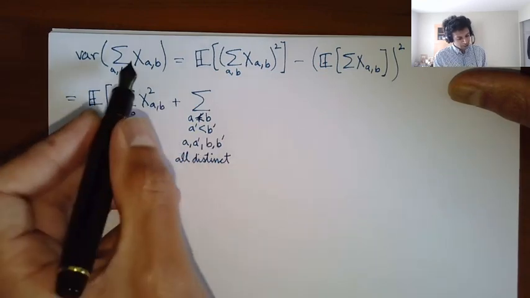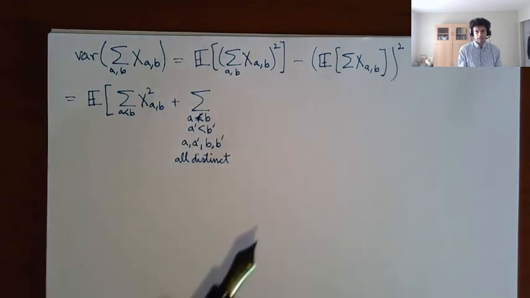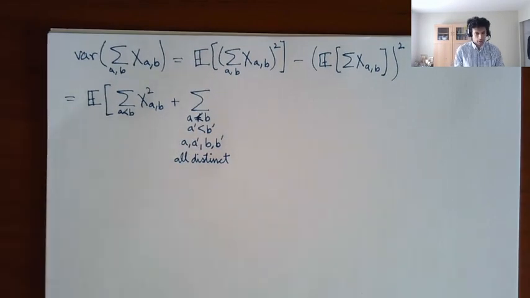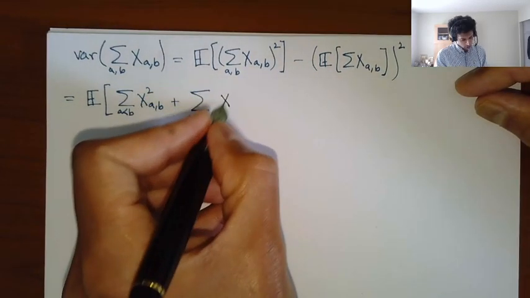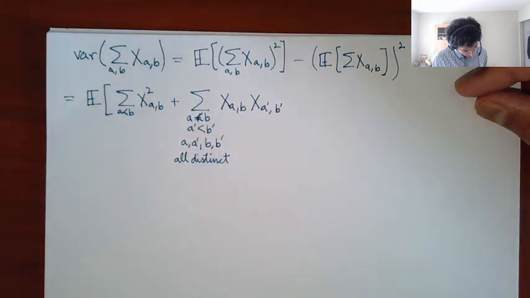Each term, when I expand this out, is of the form xab times xa prime b prime, in the case where all these indices are distinct.